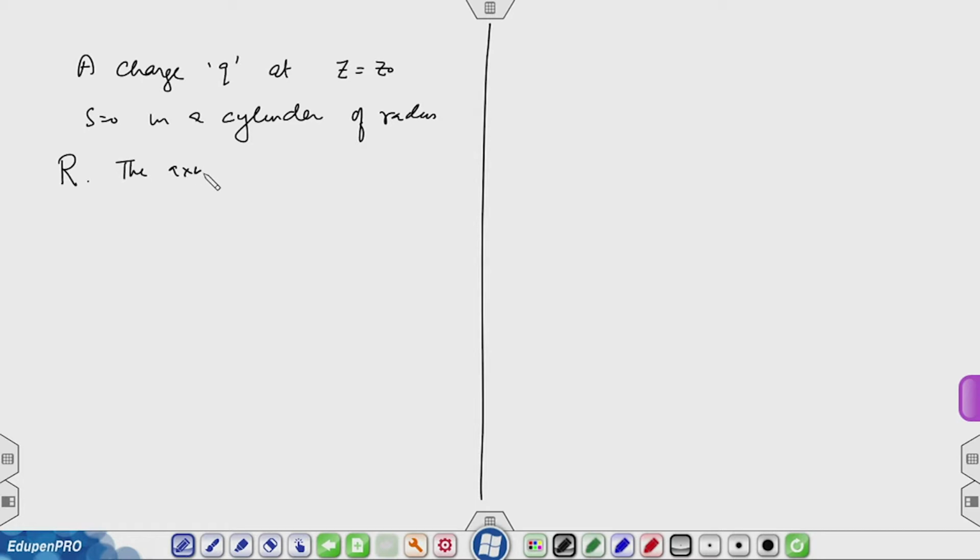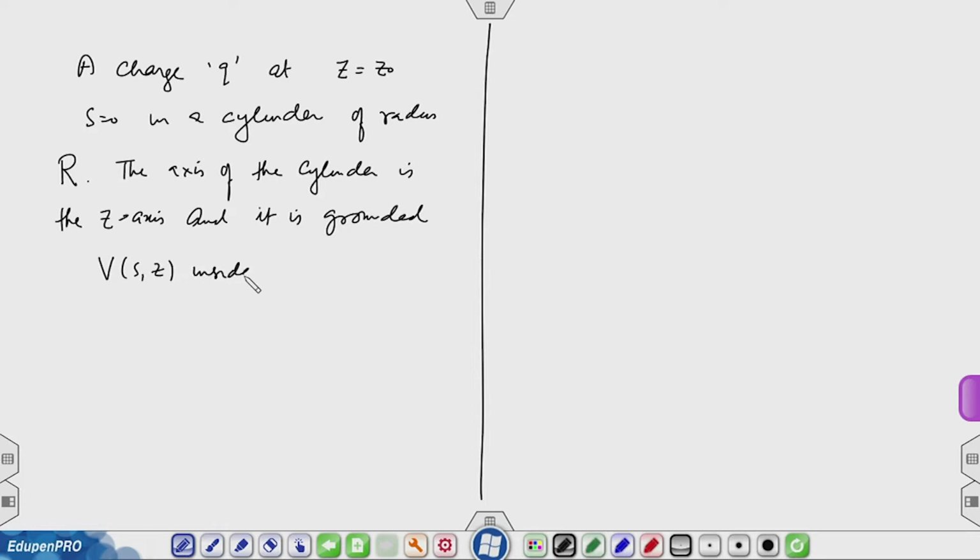The axis of the cylinder is the z-axis and it is grounded. And we want to know V(s, z) inside the cylinder. So, of course, a hollow cylinder.